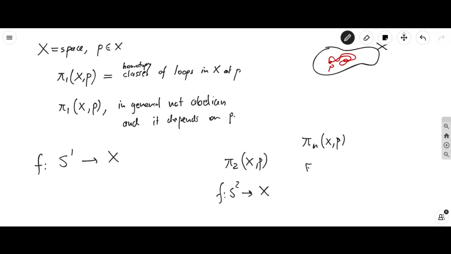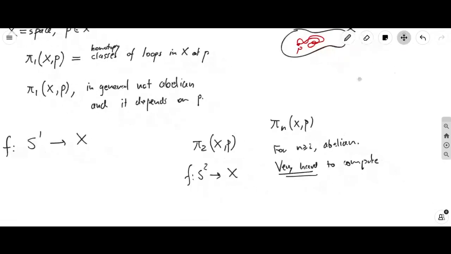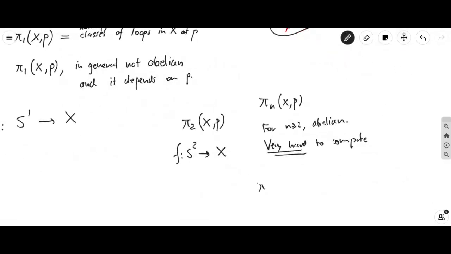And interestingly, for n bigger than or equal to 2, they're actually abelian groups. They're all abelian groups. However, they are very hard to compute. Saying very hard to compute is an understatement. In fact, calculating the homotopy groups of the sphere, around some point, it does not really matter, is actually an unsolved problem in topology, as funny as that sounds.